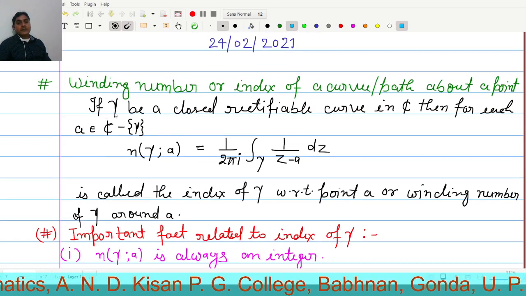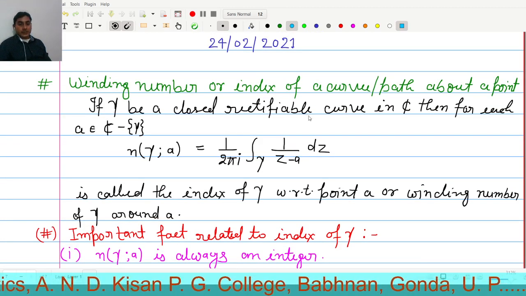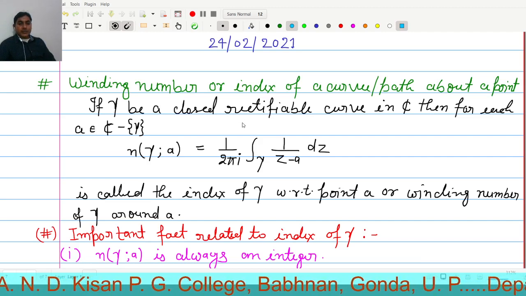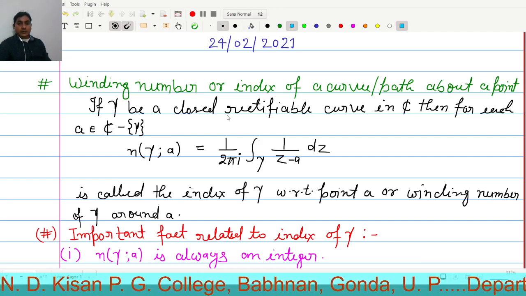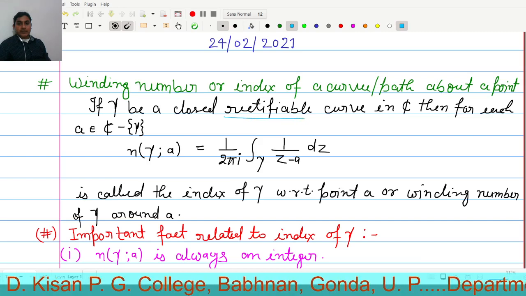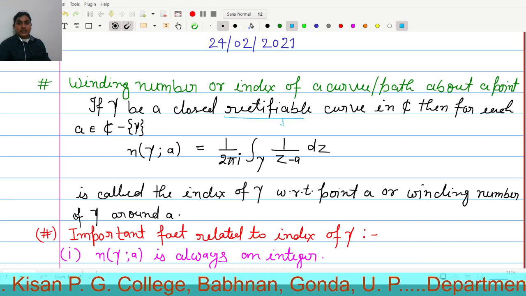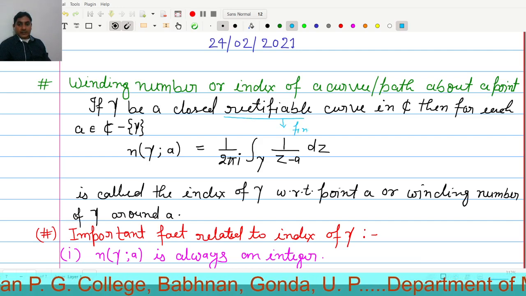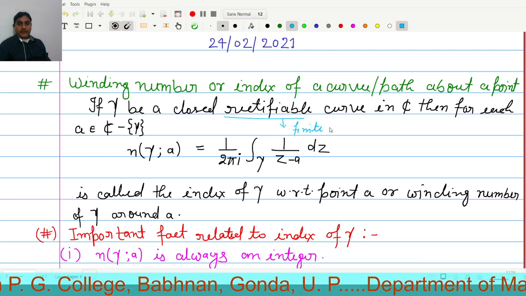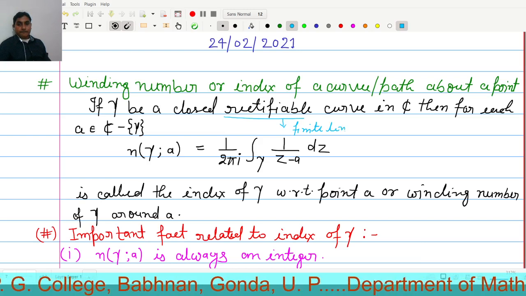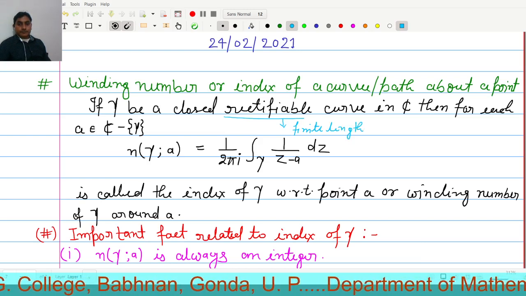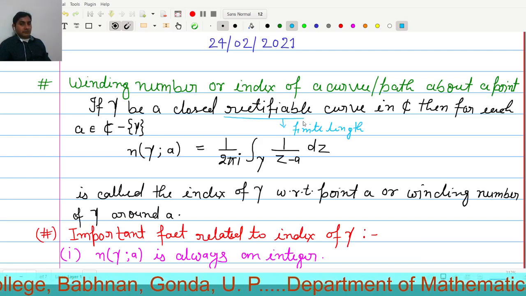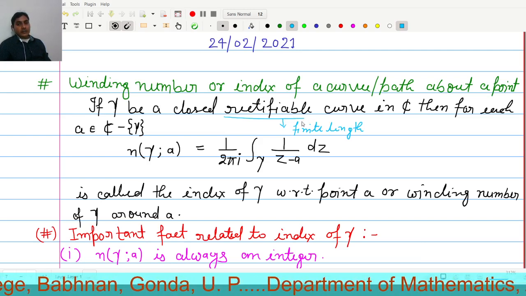It says that if gamma is a closed rectifiable curve in C, rectifiable means we have already mentioned the meaning of rectifiable. Rectifiable means it is of finite length, or it is of bounded variation.